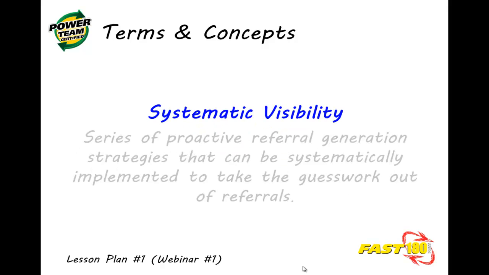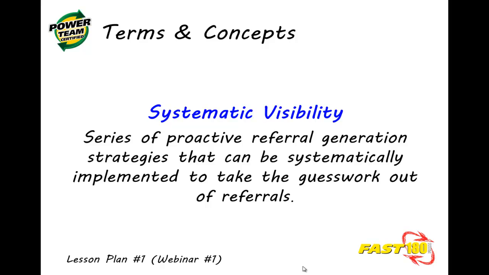Next is systematic visibility. Now, this is another very powerful aspect of Power Team Certified. Systematic visibility is a series of referral creation strategies that you can implement proactively and systematically, and essentially we're taking the guesswork out of referrals. We're not going to be sitting back waiting for people to ask you, do you know a good massage therapist?